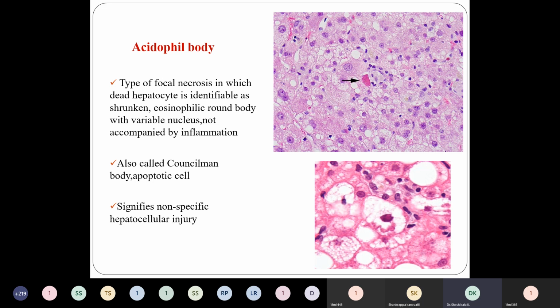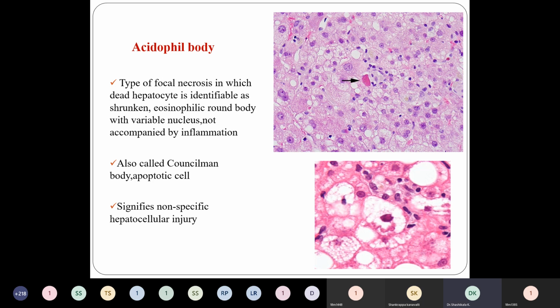This signifies non-specific hepatocellular injury, and there is no inflammation surrounding it. You all know that in irreversible injury, one of the forms is apoptosis, with shrinkage of the nucleus without any inflammation. The difference between necrosis and apoptosis is that necrosis is cell death with lots of inflammatory cells, and apoptosis is shrunken cells without any inflammatory cells.